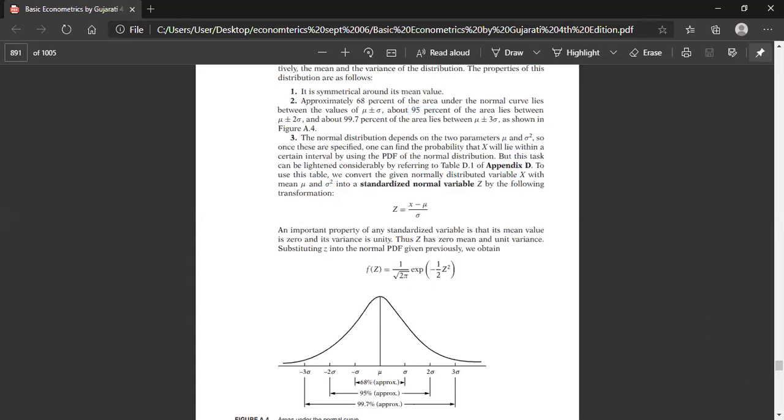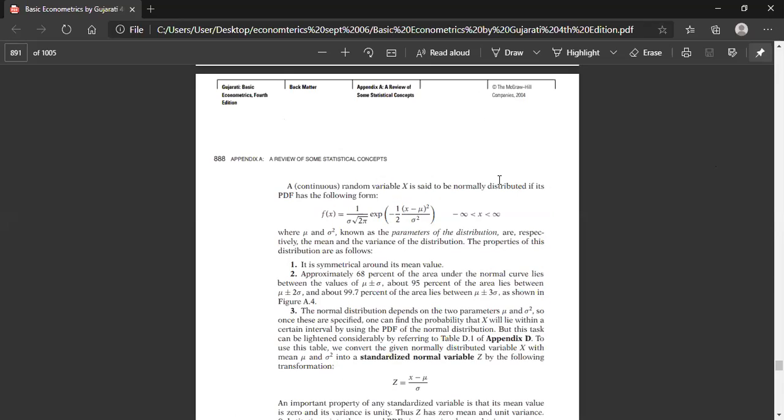Okay. So you want to know the probability that x lies between 2 values. One pretty standard, straightforward way is to integrate.